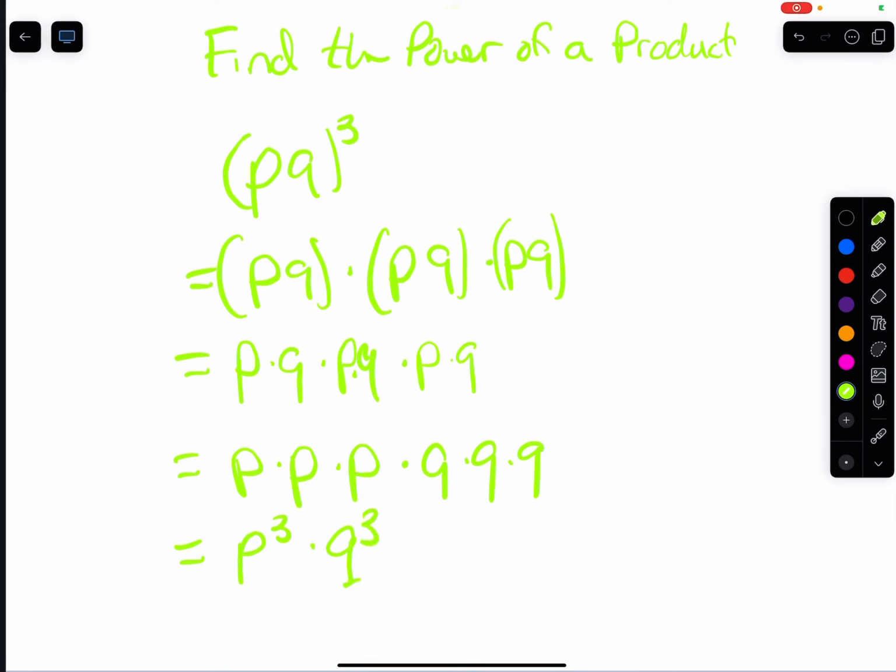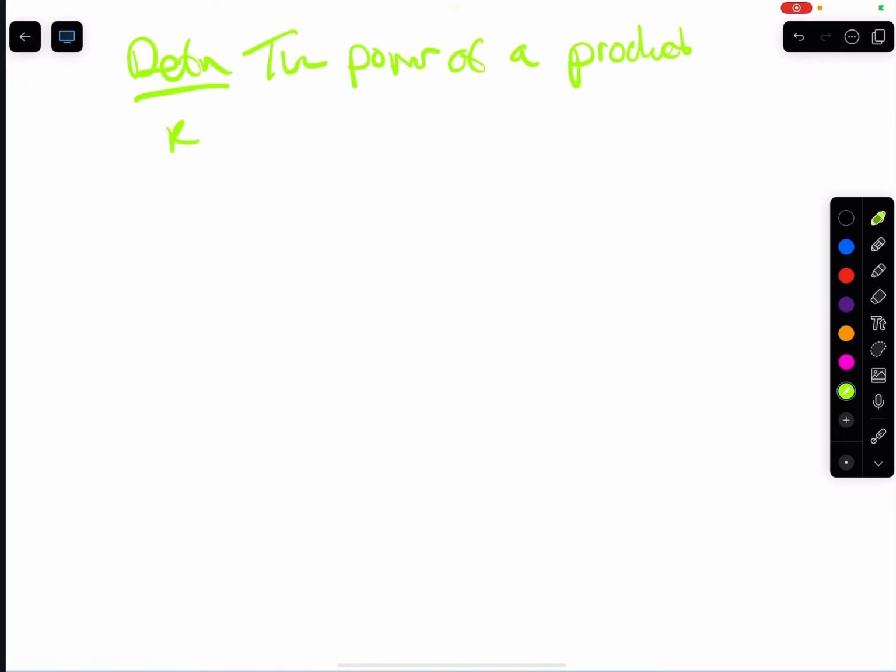So let's write that out as a definition. This is the power of a product rule of exponents.